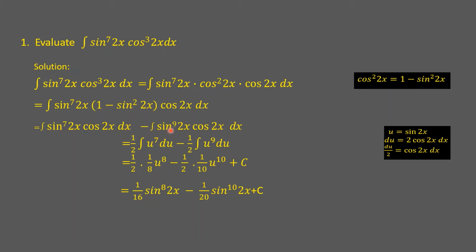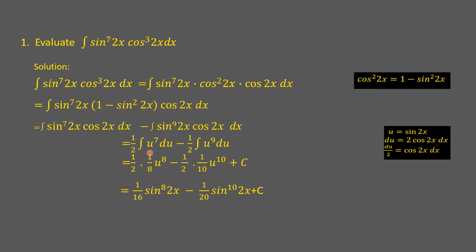Okay, at this point, we apply the substitution, replacing sine of 2x by u with the differential du given by 2 cosine of 2x dx, or cosine of 2x dx is just equal to du over 2. Then this given integral can be expressed in terms of the new variable u as follows.